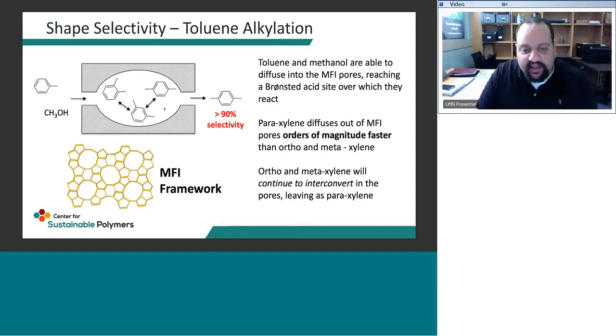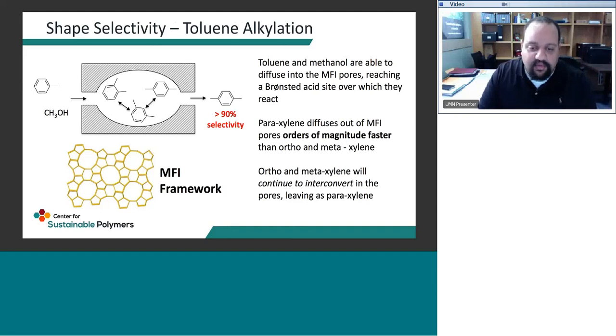However, paraxylene can diffuse, due to its shape relative to that of the pores, orders of magnitude faster than ortho and metaxylene. So what will happen is they will keep interconverting in these catalyst pores, but it's really the paraxylene that has a good chance of getting back out of the pore.